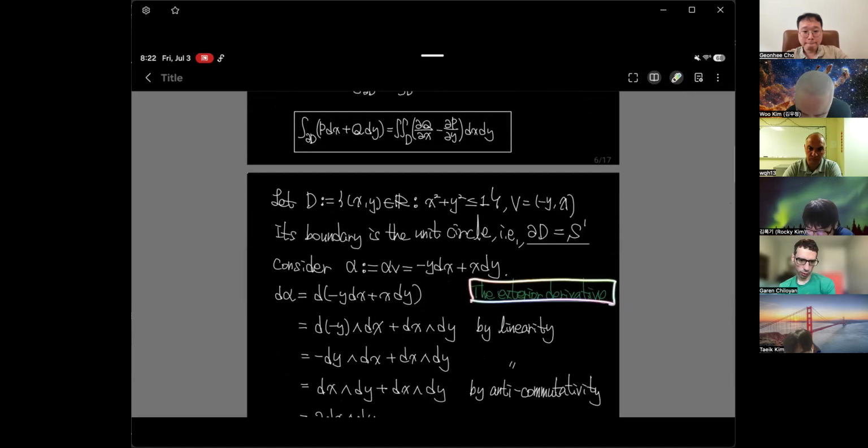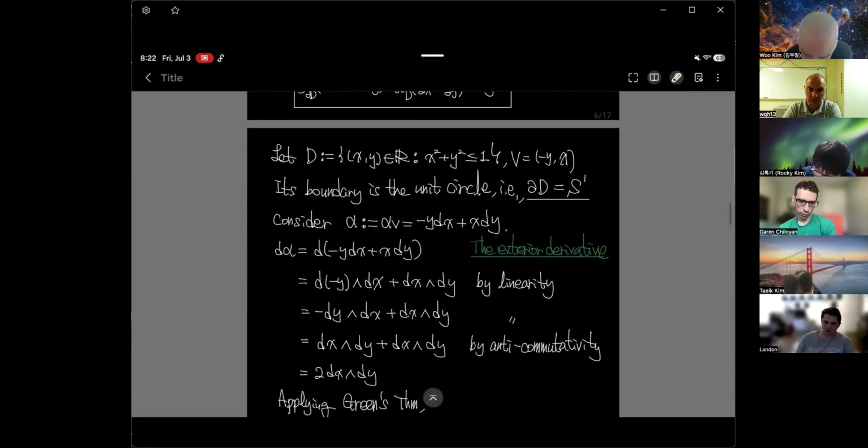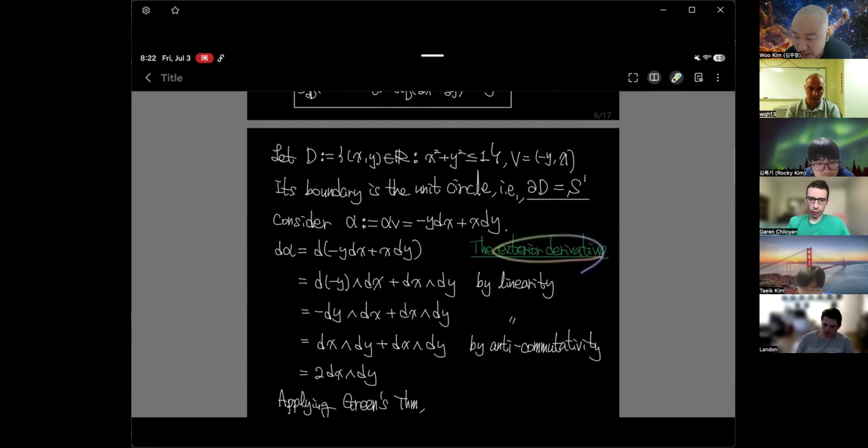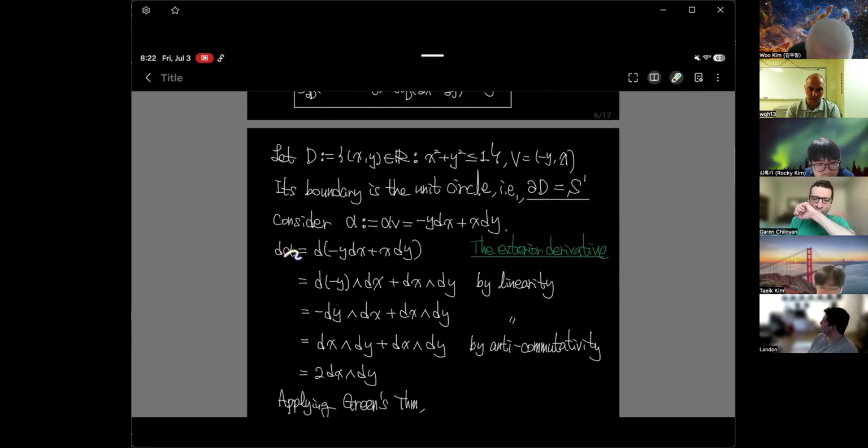So at this point, a new concept arises, the exterior derivative. But I'm going to put aside the details for later. So I'm going to just compute. So d alpha, we can just think of this exterior derivative as a linear operator. So by linearity, it's d alpha. Alpha was this one.